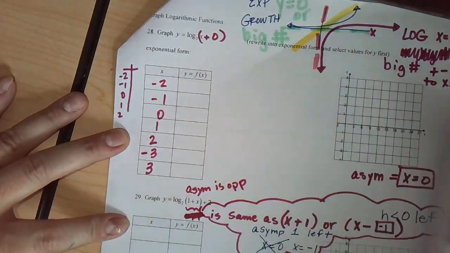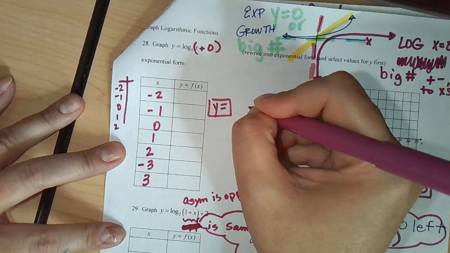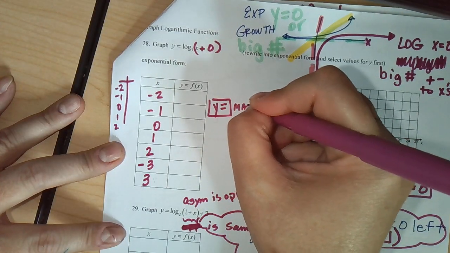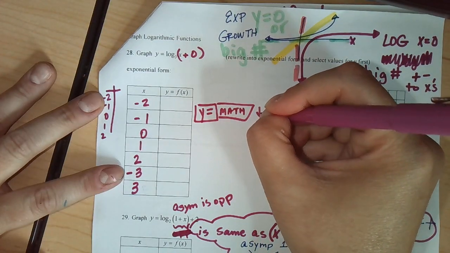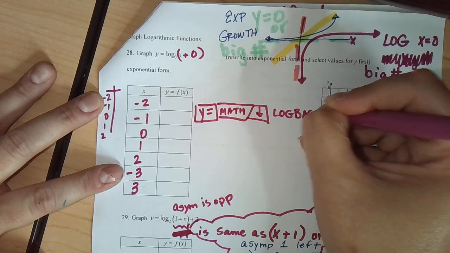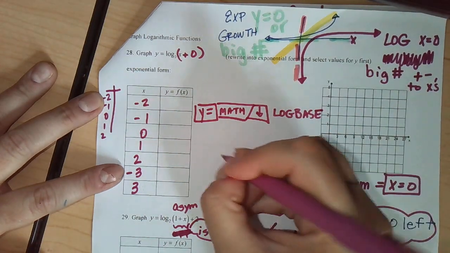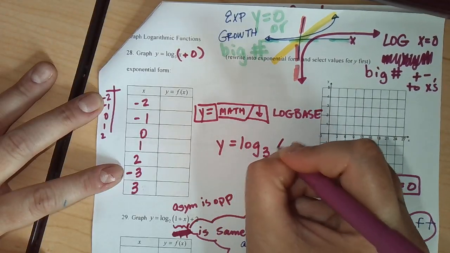All right, I'm going to go to y equals. Then I'm going to type in math. I'm going to press the math button down to log base. And then I'm going to type my goodies in to make it look like y equals log 3x.